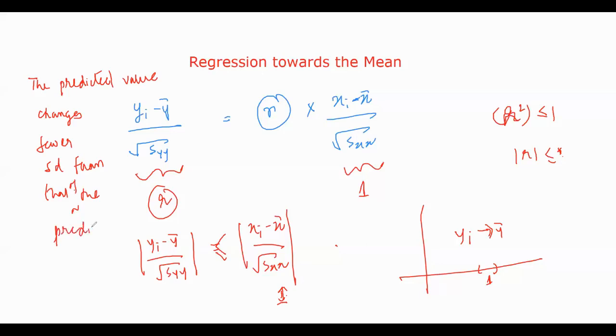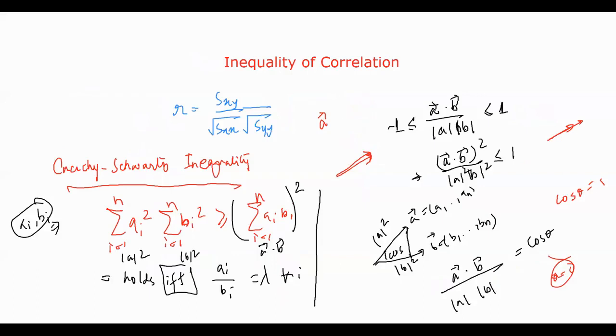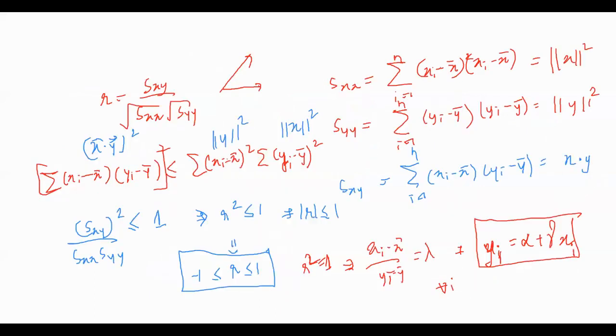So this is the basic idea, guys. This is all about what regression is, what correlation is, why it's called regression towards the mean, and what the beauty of the inequality and geometry of correlation is. This is one of the things I really loved when I learned about it. I'm sure you must have loved it too.